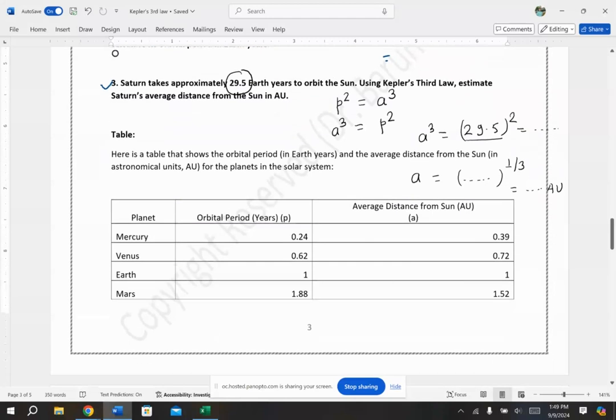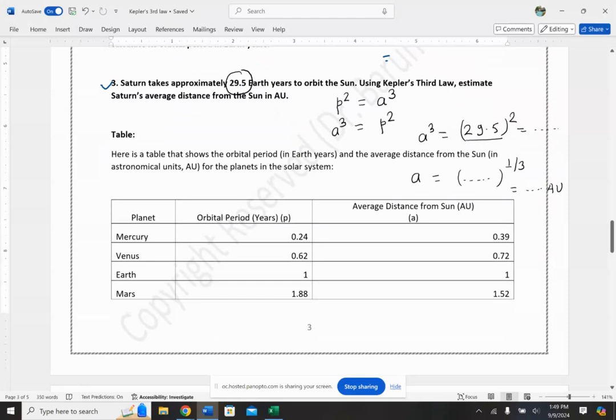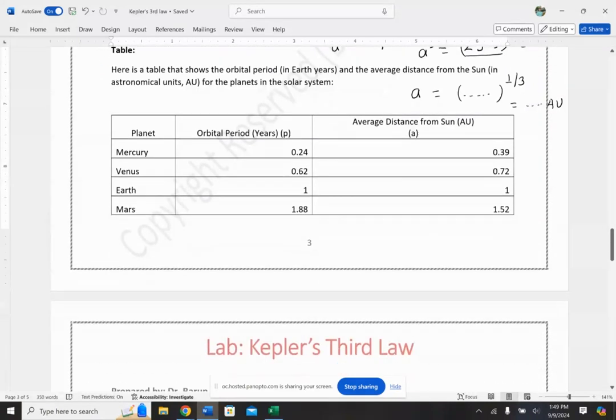Now I have provided you a table here. In this table, you see the orbital period of all the planets that move about the sun is given. For Mercury, Venus, and so on, that is the period, and this is in years, and this is the distance, which is in astronomical units. It is given here for all the planets.